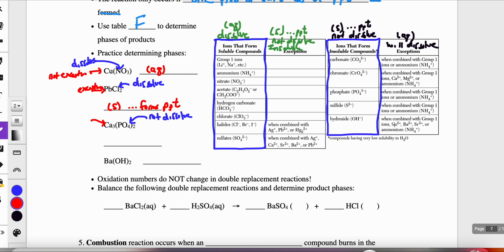When you take a look at the exceptions in this second table, you will see group 1 and ammonium. Let's write down a little note here. Group 1 is pretty common here. You see it in all of these. Take a look at your periodic table and identify some group 1s. Examples of group 1s would be Li, Na, K, and Rb. Ca is not a group 1, so Ca is not an exception.